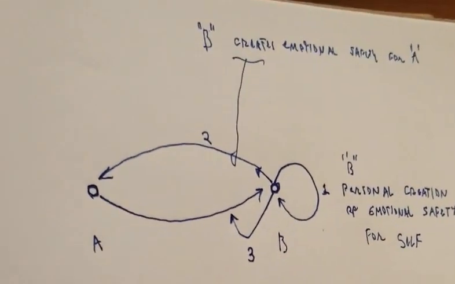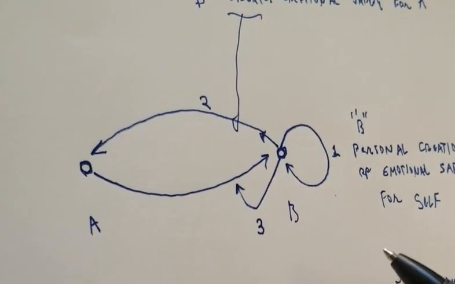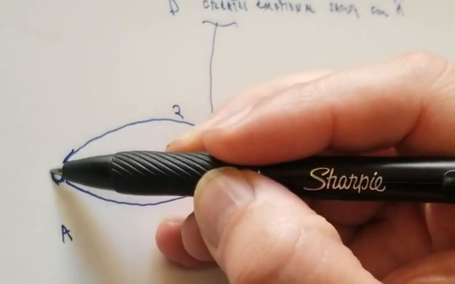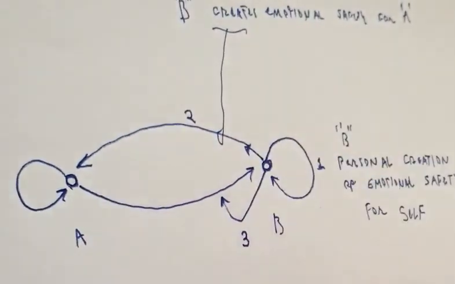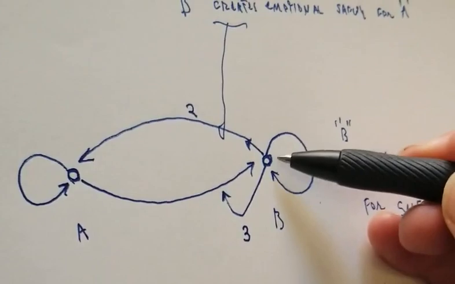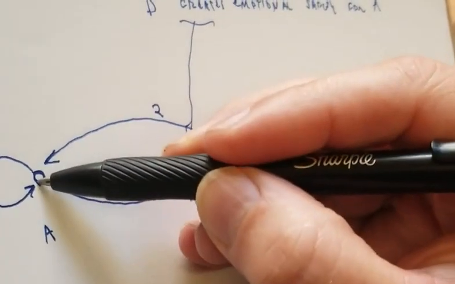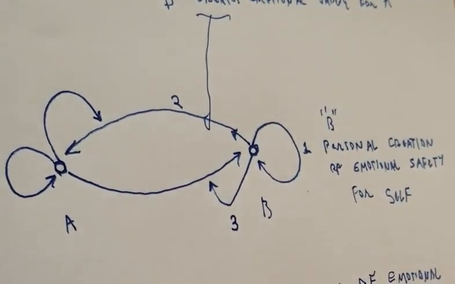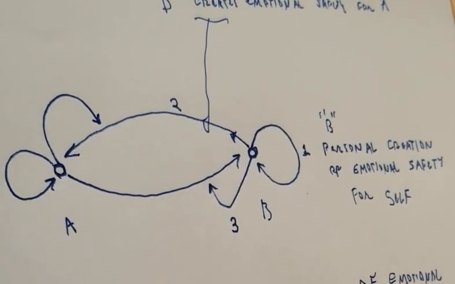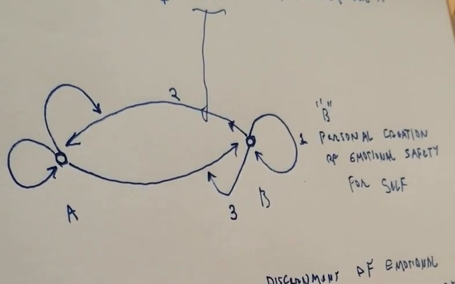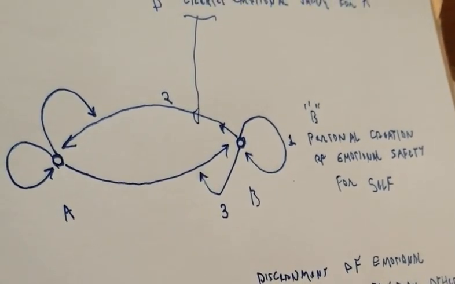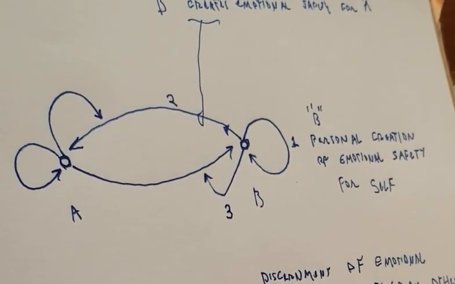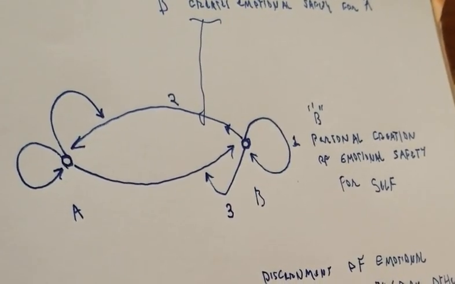And when we're saying this, we're not saying that B is unique in this, because the same diagram could be drawn for A. I could talk about how A is going to create emotional safety for themselves, how A is going to create emotional safety for B, and how A needs to be able to recognize the emotional safety that B created for A. And so in this sense, there is a reciprocity that is fully happening, because without all six of these things occurring, the balance of the relational field is not rightly held.